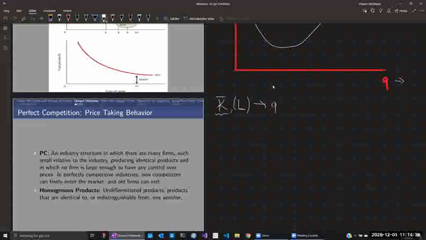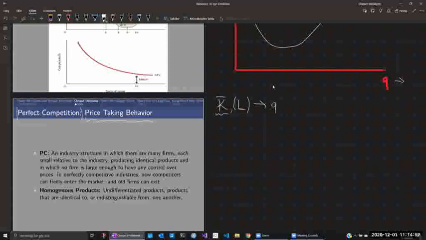So what is important in our analysis was this so-called perfect competition, because we still assume that we are in a perfectly competitive market. And when we spoke about perfect competition, what we had in mind is this so-called price-taking behavior.